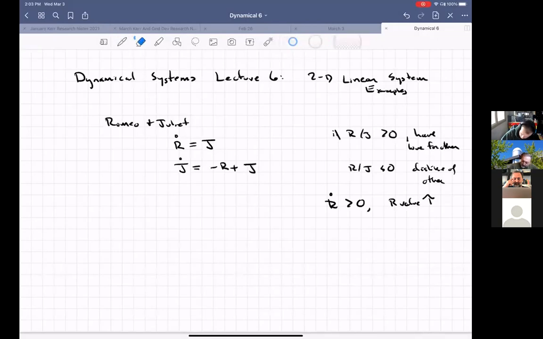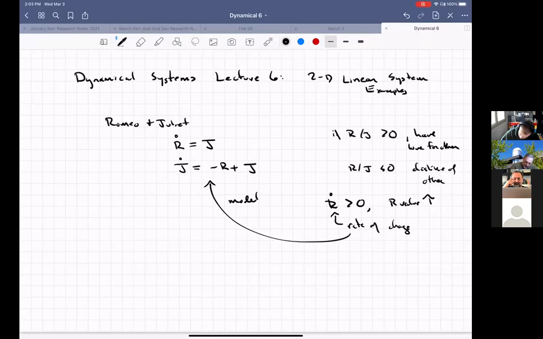And so the idea is that the rate of change we're going to model as being linearly related to their feeling for the other and the other's feelings for them, right?